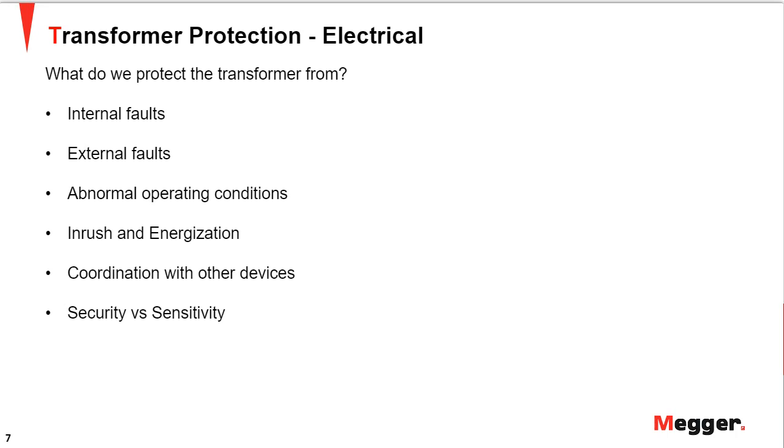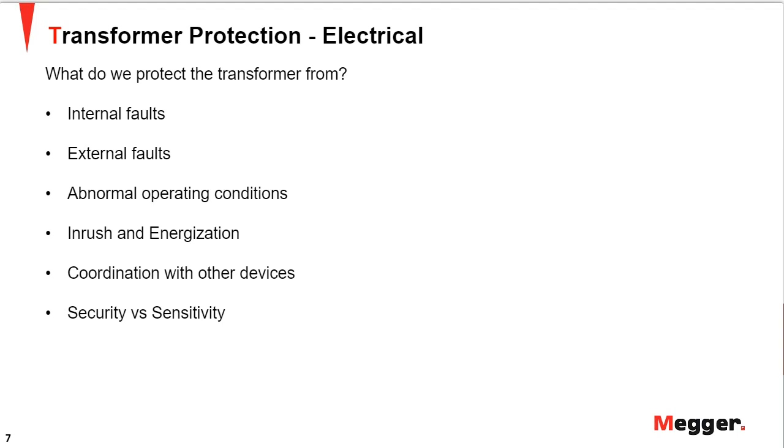And then there are some other situations where they're not faults and they're not abnormal, but they're normal, but they still need to be taken care of when we work with protection on a transformer, like inrush and energization, which we will discuss in more detail in this webinar today. Like coordination with protective devices, right? You have multiple overcurrent relays.